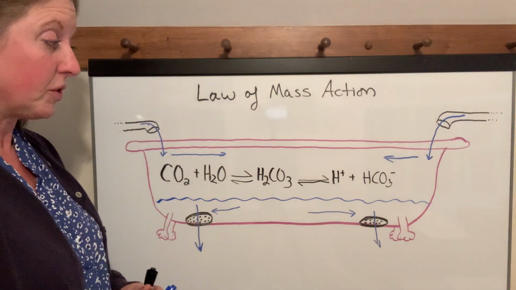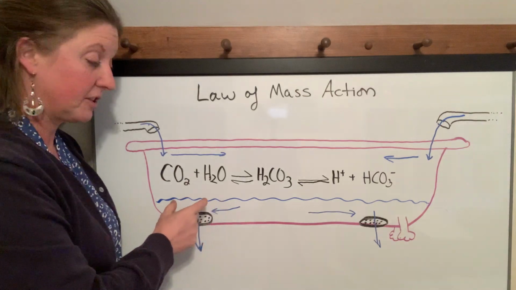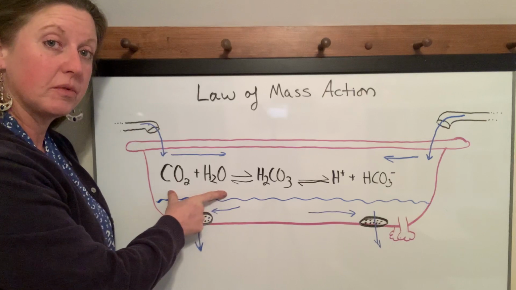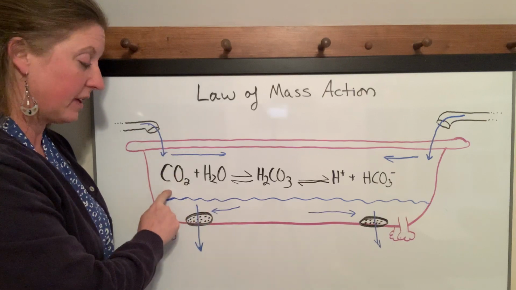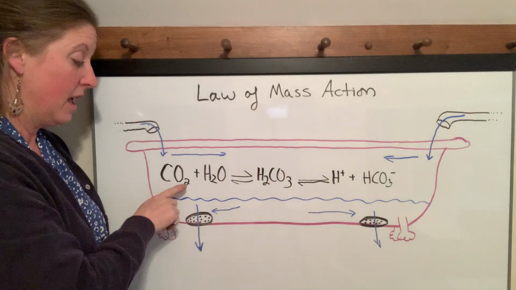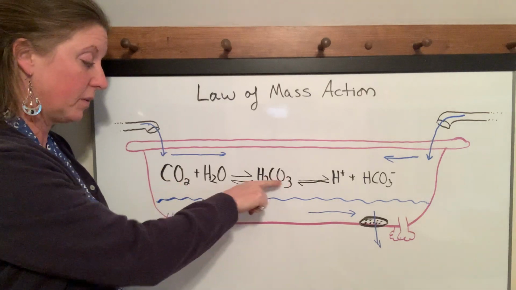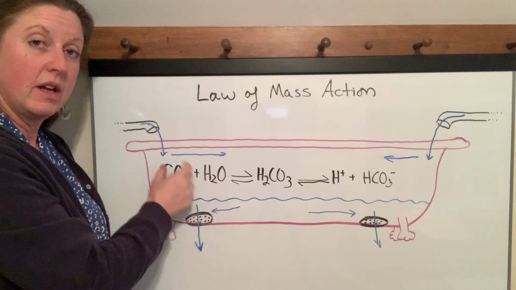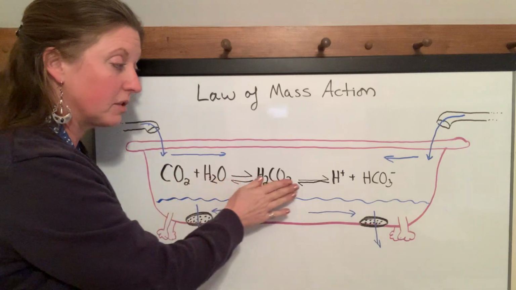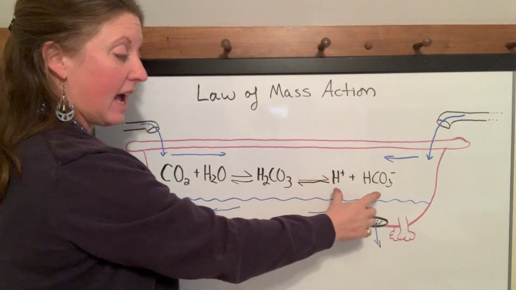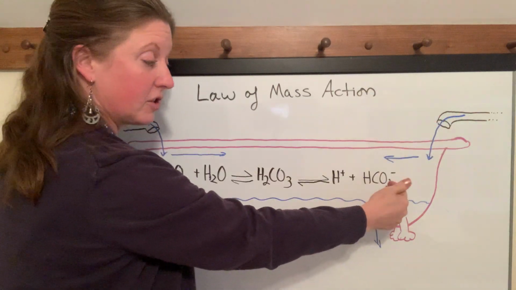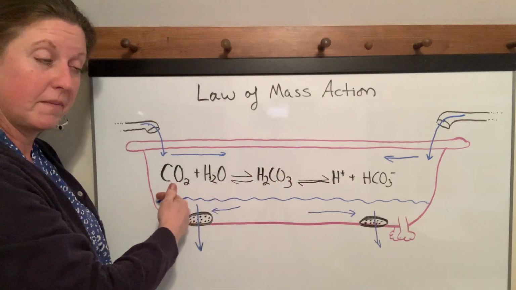So the same thing is true with a reversible chemical reaction. If I add reactants to this side of the reaction, so if I add carbon dioxide and water, if I put more of that into the system, into the tub, then the reaction is going to go this way. So it's exactly like adding water. If I add protons and bicarbonate to the tub, if I fill the tub from this direction, then the reaction will move this way.